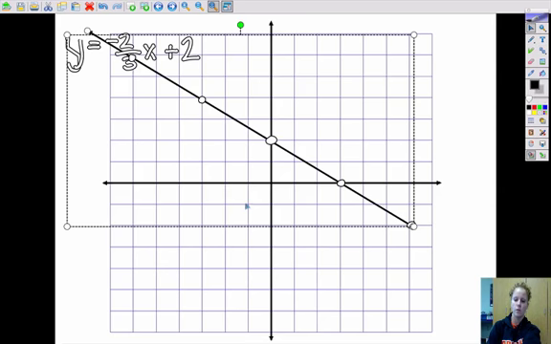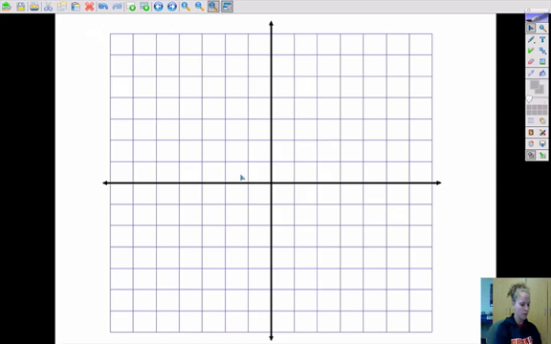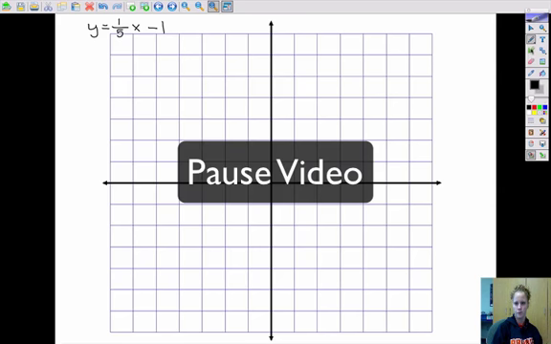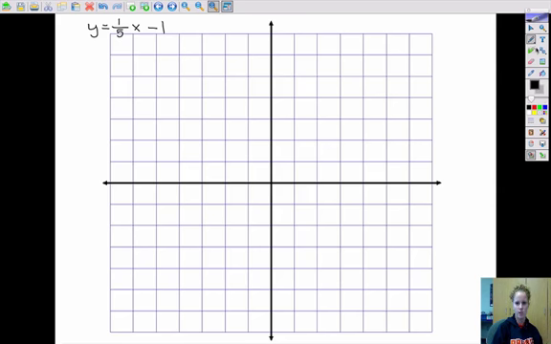Let's try one more. Why don't you go ahead and make a graph from the equation y equals 1/5 x minus 1. Pause the video and try that one out. Alright, we'll check it. Our y-intercept is negative 1.